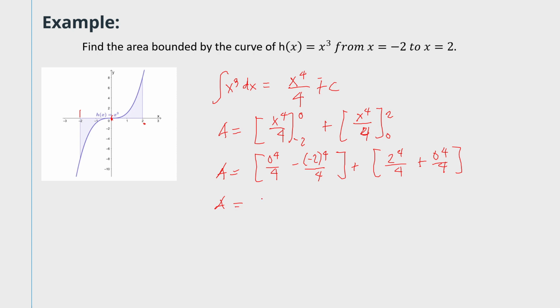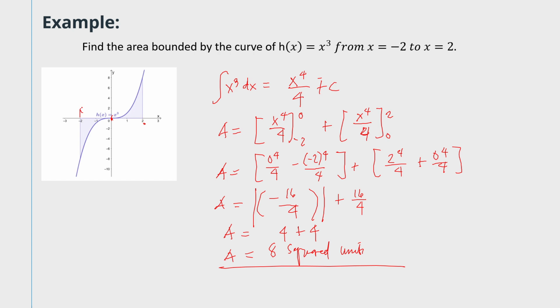Then area is equal to 0 minus, negative 2 raised to 4 is equal to 16, 16 over 4, then plus 16 over 4. So next we need to add, but we need to take the absolute value of the first one. So area is equal to 4 plus 4 because we have to take the absolute value. So area is equal to 8 squared units. So we need to add the area of this one and this one.